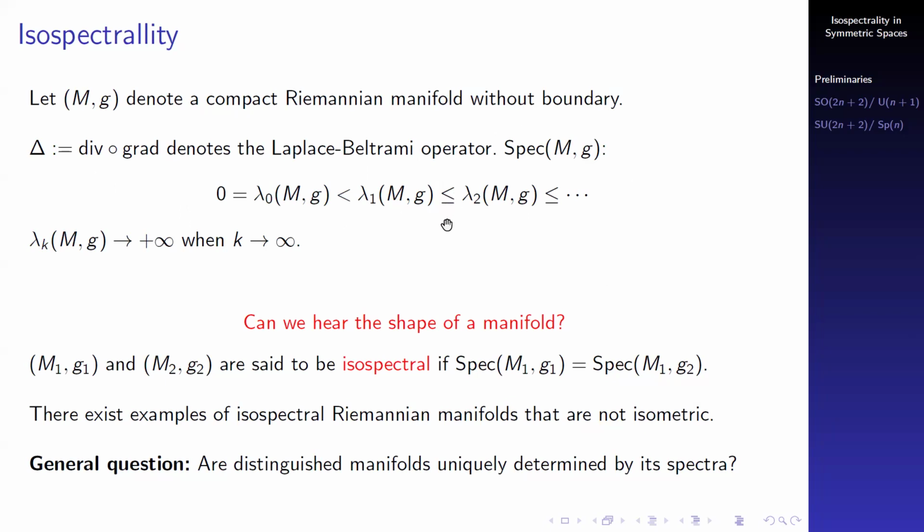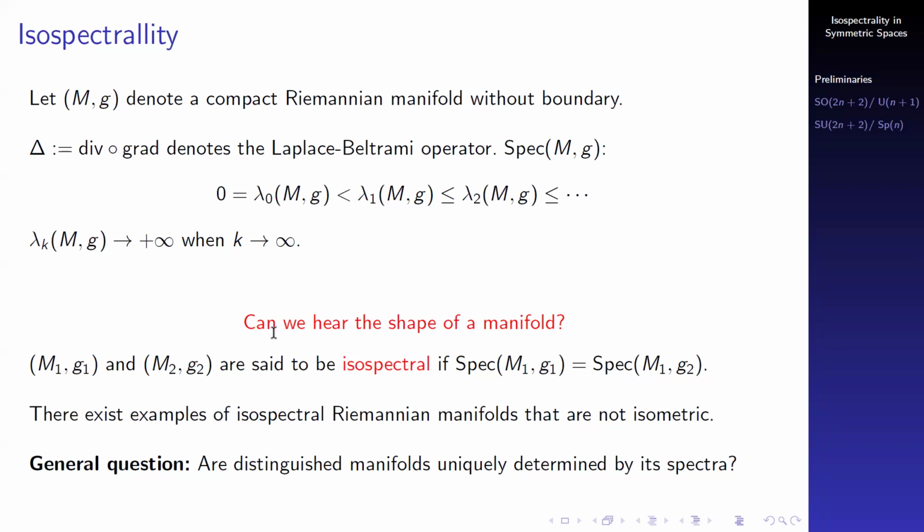So the problem with which we are going to deal is this: can we hear the shape of a manifold? This question comes from physics, where one asks if you can know the shape of a drum, knowing the frequencies in which this drum can vibrate, right?